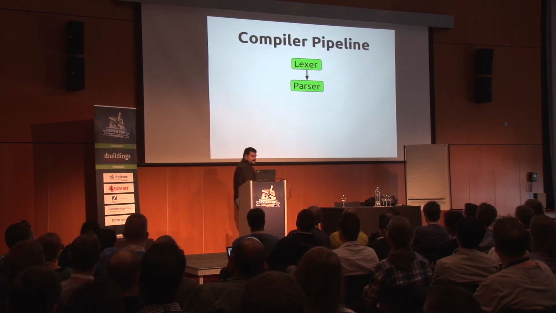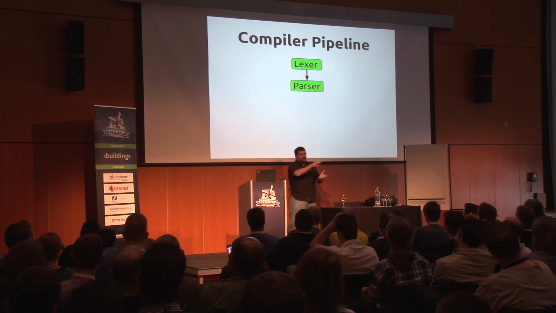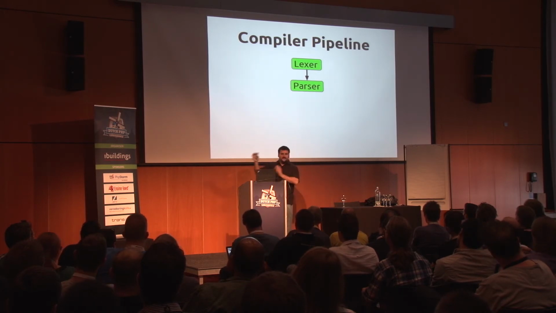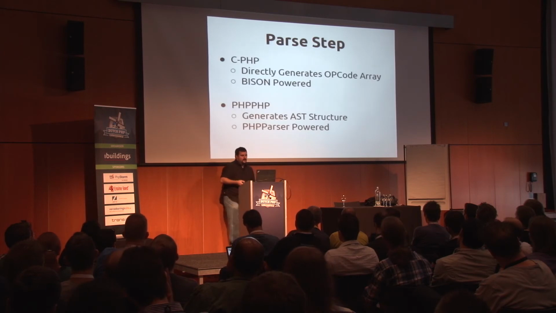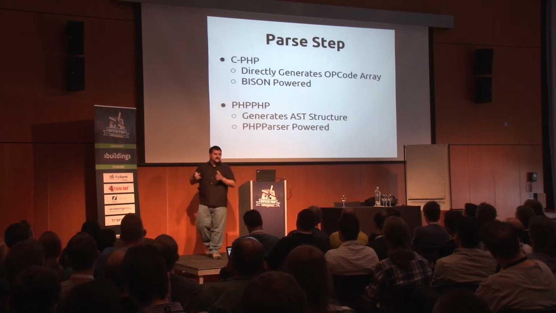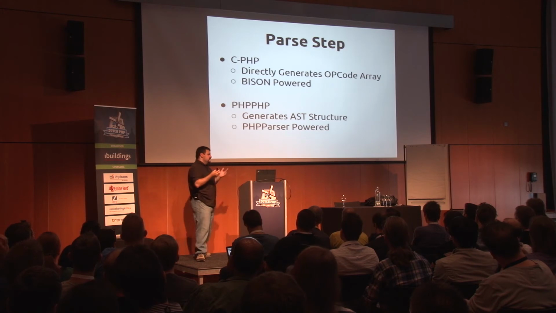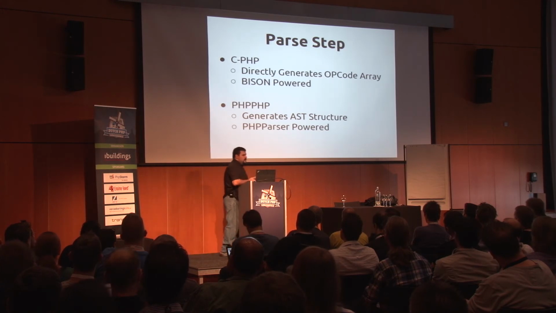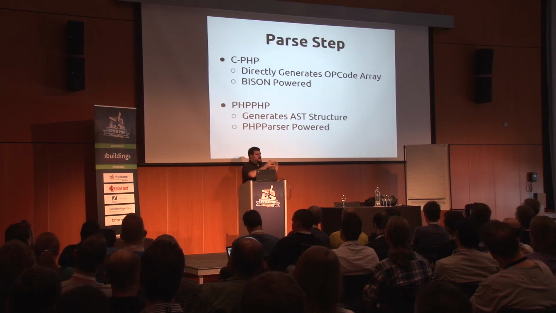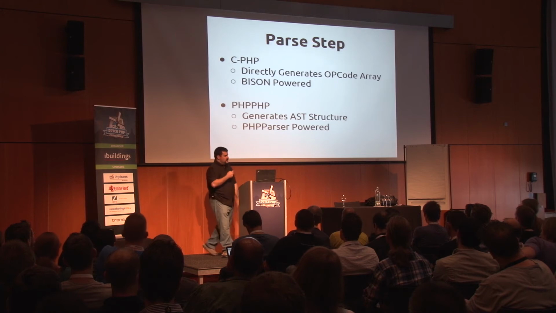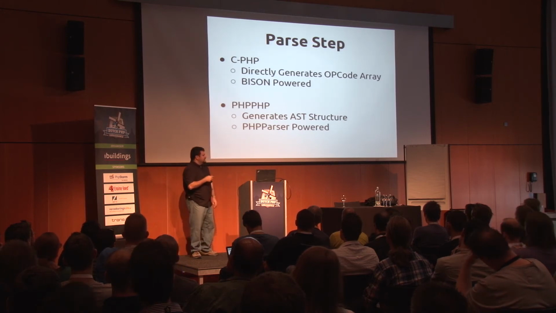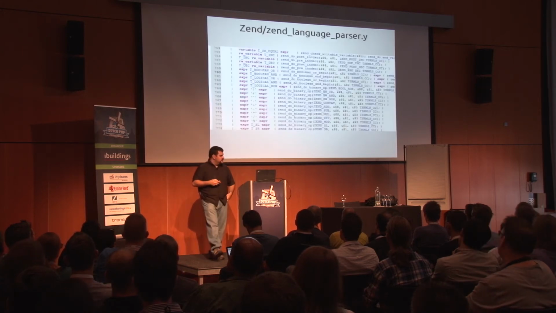So after the lexer, we need to parse that. We need to somehow turn these array of tokens into something actually meaningful. In CPHP, we have these Bison definitions, basically, of sequences of tokens that actually produce something meaningful. In PHP, we use the AST to do that for us.